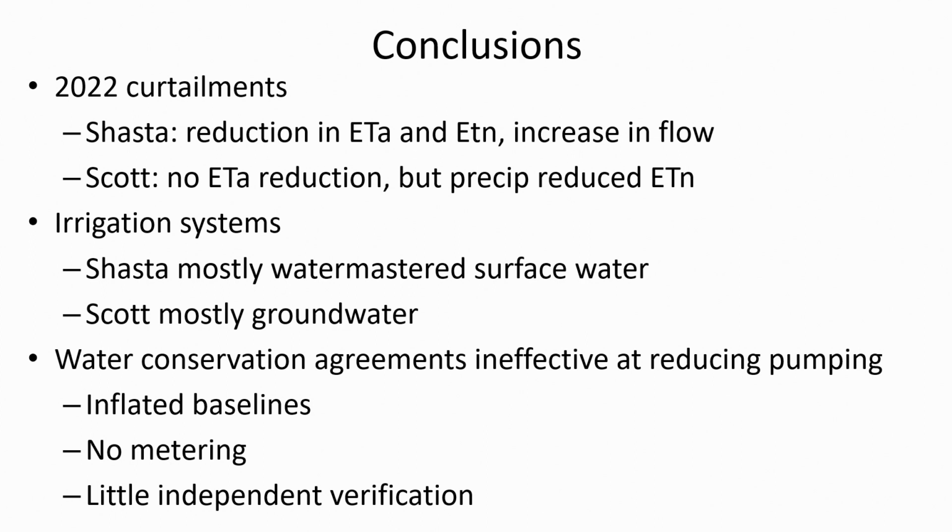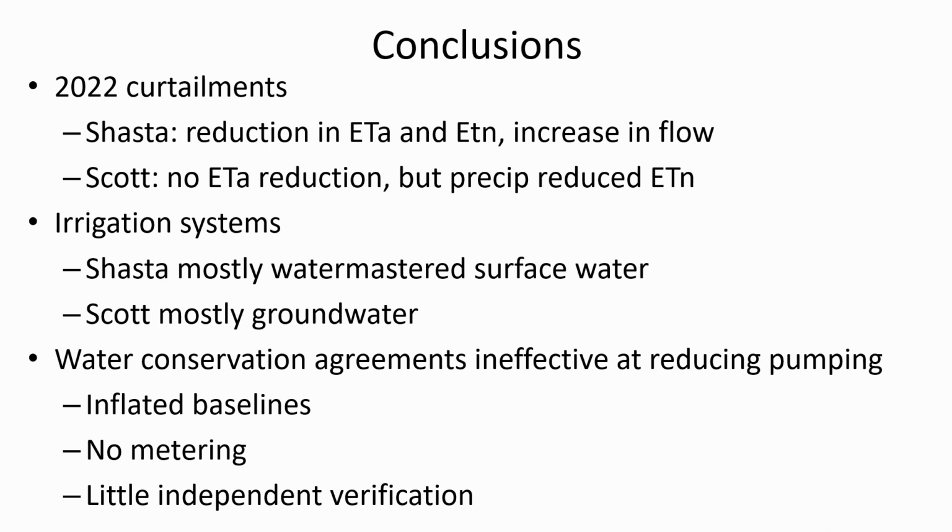So in conclusion, in the Shasta Valley, which is a surface water dominated watershed where the water master is regulating diversions, we did see big reductions in ET, and we saw corresponding increases in the stream flow. In the Scott River, which was primarily groundwater irrigated alfalfa, we didn't see reductions in overall actual ET.